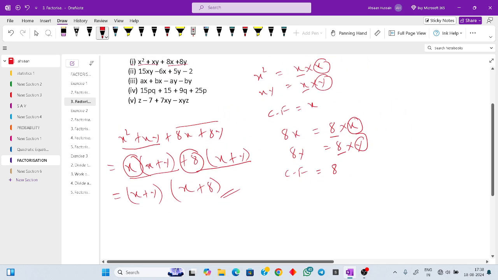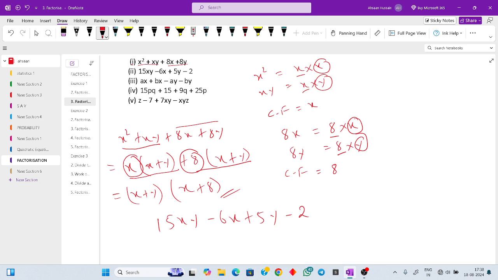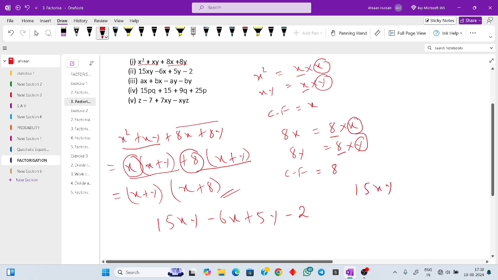The next question is 15xy minus 6x plus 5y minus 2. So 15xy means 3 into 5 into x into y. And minus 6x means minus 1 multiplied 2 multiplied 3 multiplied x. So the common factor is 3 and 1x.